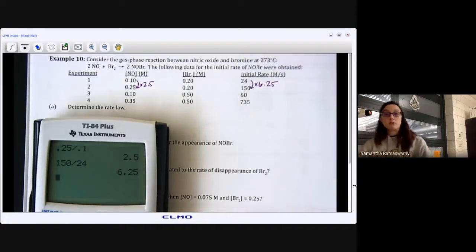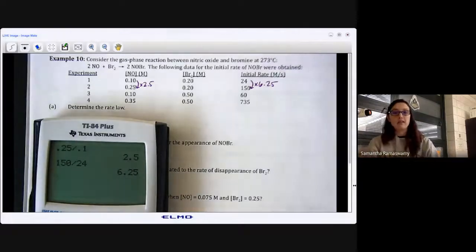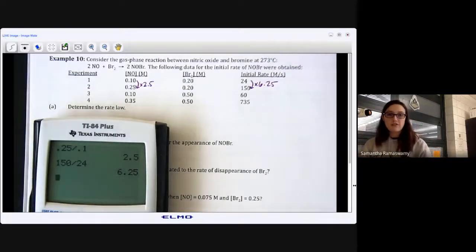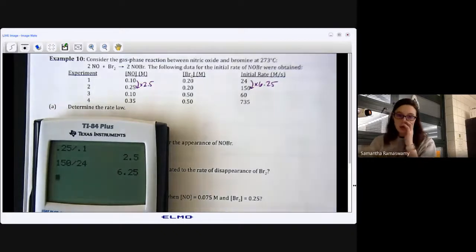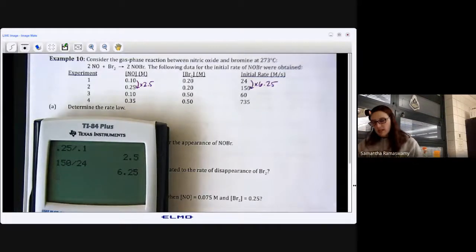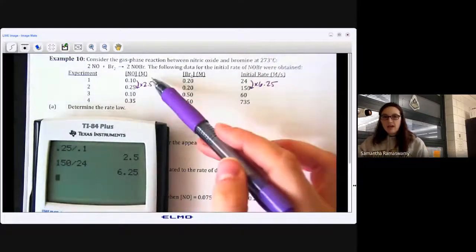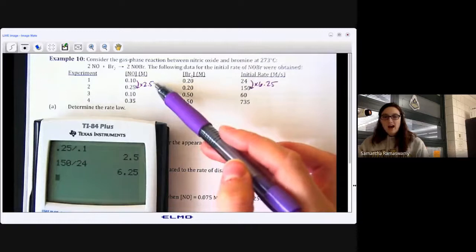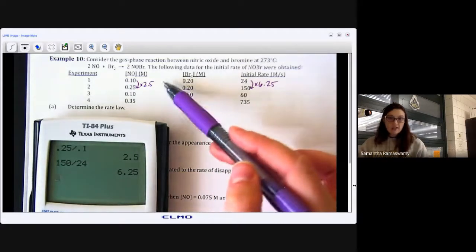If this were first order, whatever I do to NO, I would do to the rate. So if I increase NO by 2.5 times, I would increase the rate 2.5 times. But I know that's not the case either. So let's think about what it means to be second order. Second order means whatever I do to NO, I do that squared to the rate.